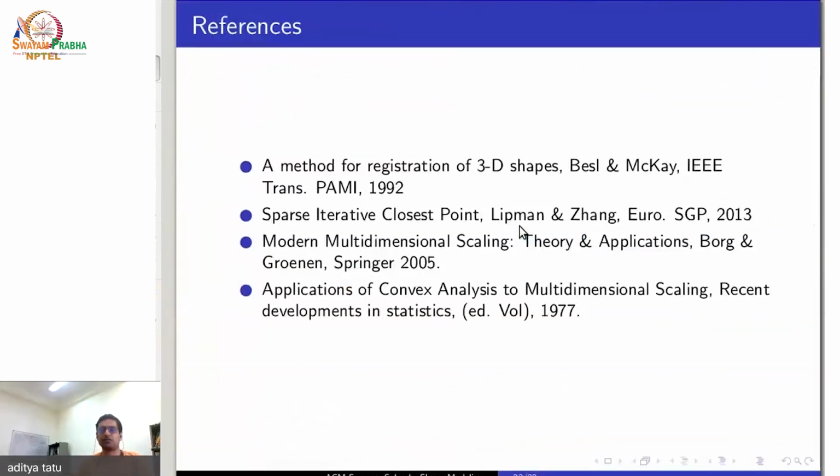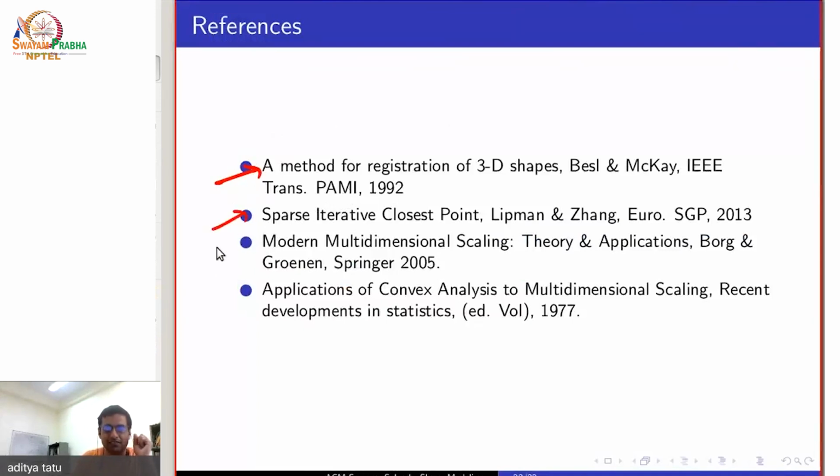If you're interested in following more details of whatever I have explained, you can look up these particular references. This I have already given in the earlier slides. This is the classical paper that talks about the ICP algorithm.